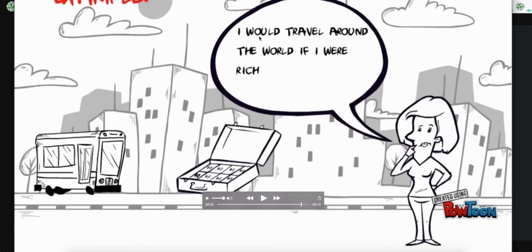Cuando ustedes tienen el verbo modal, ¿cuáles verbos modales puede usar, David? Would, could... I would travel. So, David, if I were rich. Okay, I am asking you which modal verbs I can use.